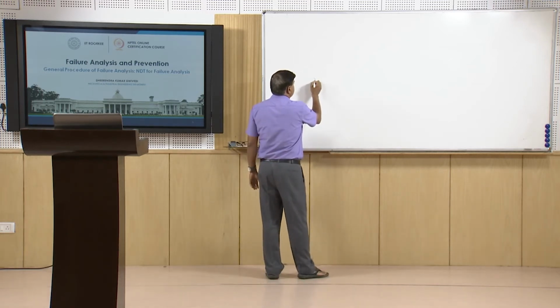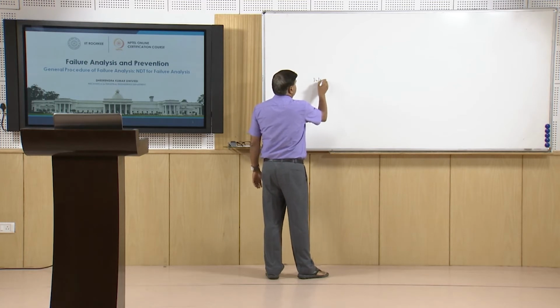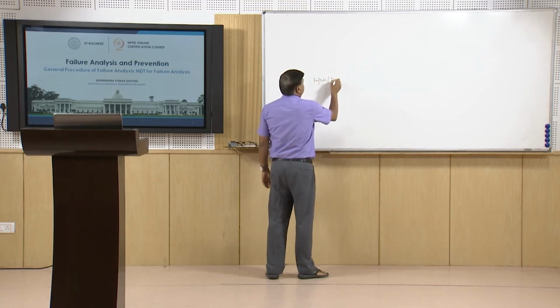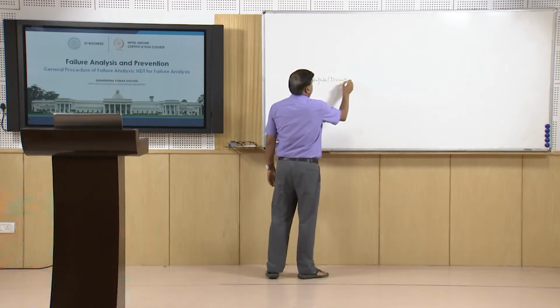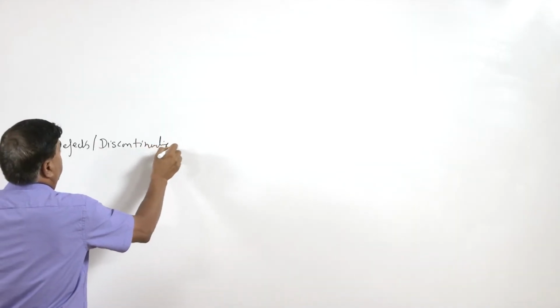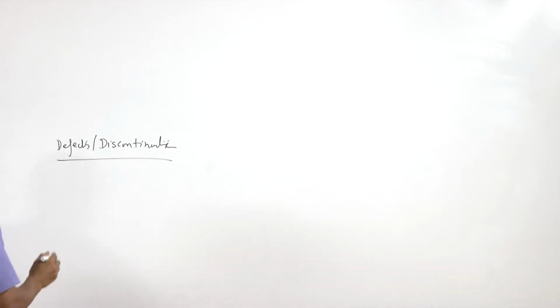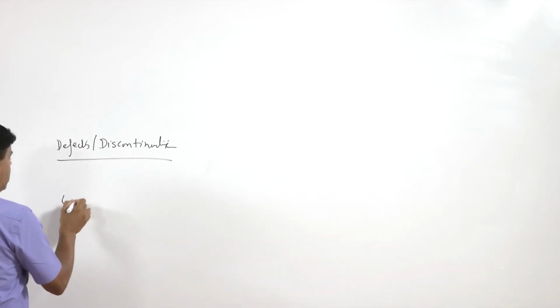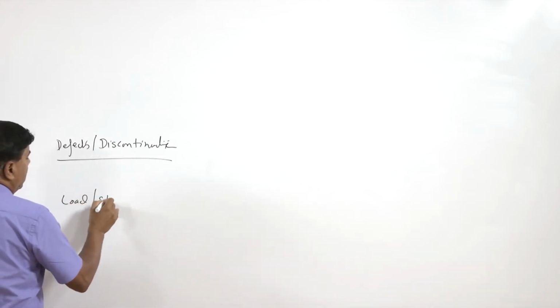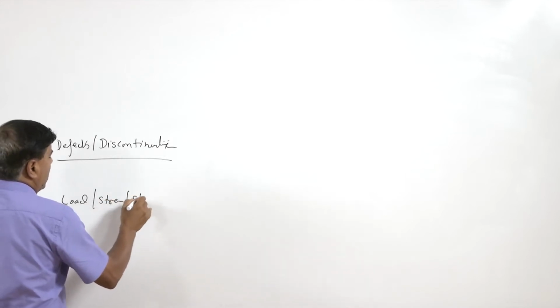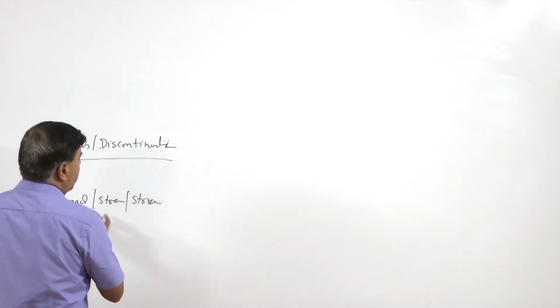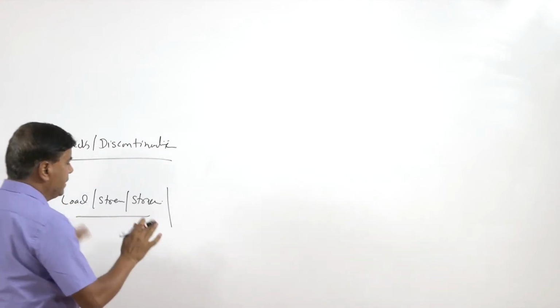For establishing the defects and the discontinuities in the failed component, we have one category of methods, and for establishing the load, stresses, strain, we have another category of methods.